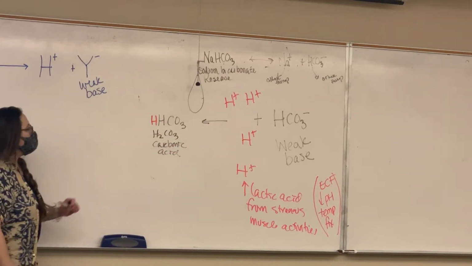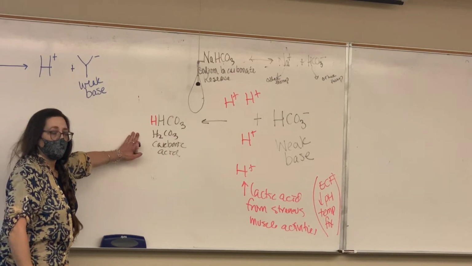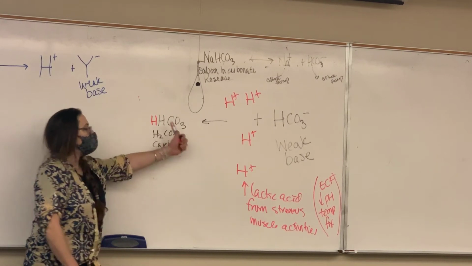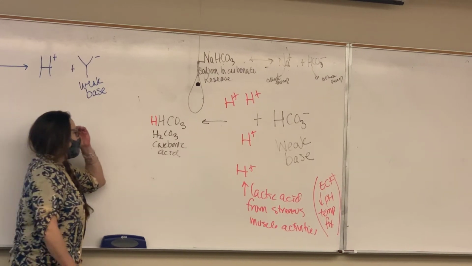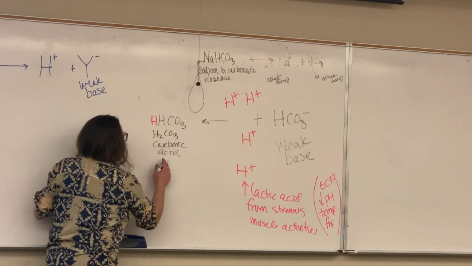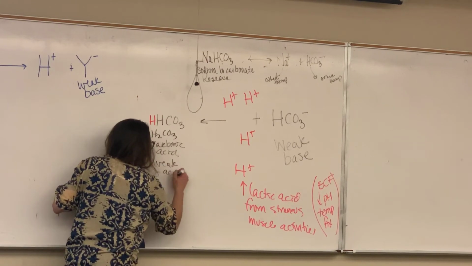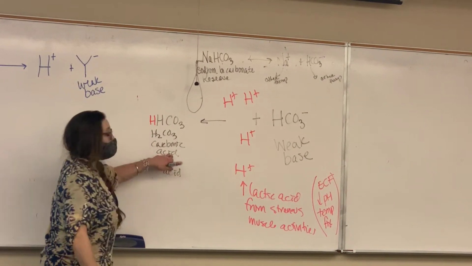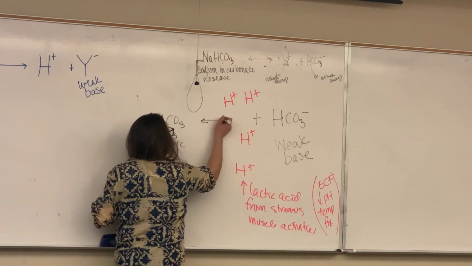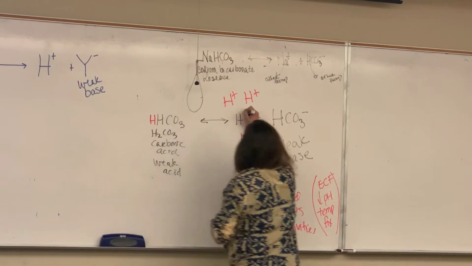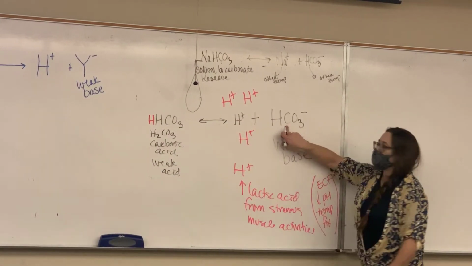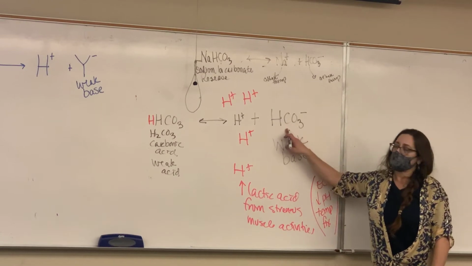Now, we're not going to be able to stop here, okay? But before I go any further in this direction, let me just say that carbonic acid can also act as a weak acid, right? Carbonic acid could release a hydrogen ion, and you would then have the anion being released as well.